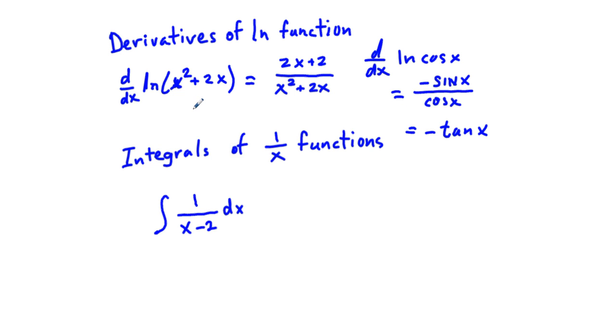Now, kind of the converse, the integral of the 1 over x functions, or we could sometimes call these x to the negative 1 power functions. If we have the integral of 1 over x minus 2, as a matter of technicality, we would do a u substitution.